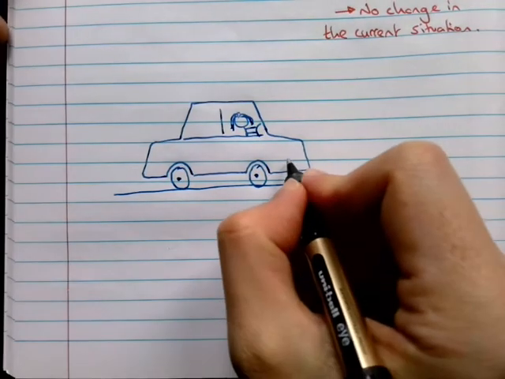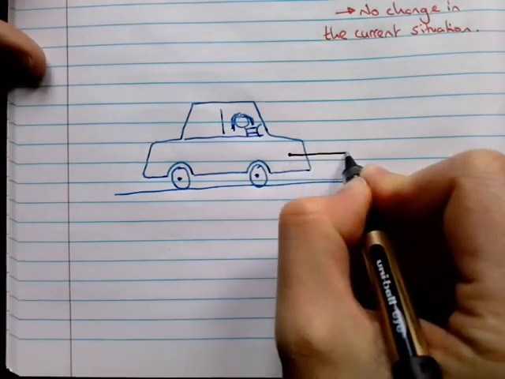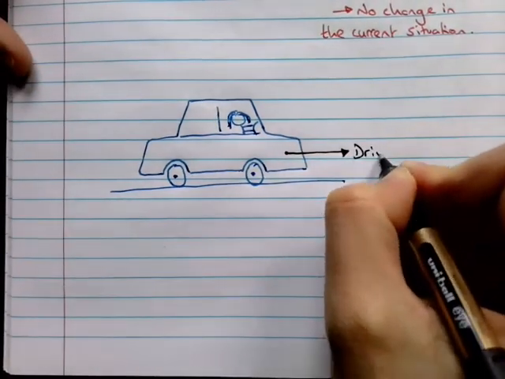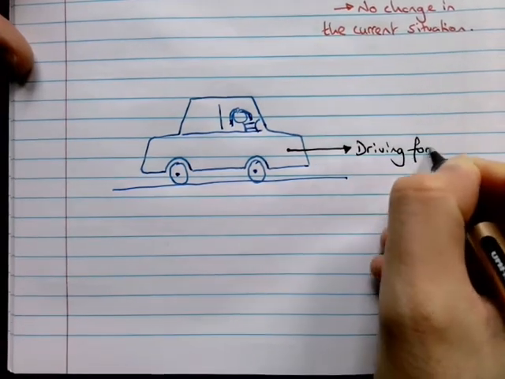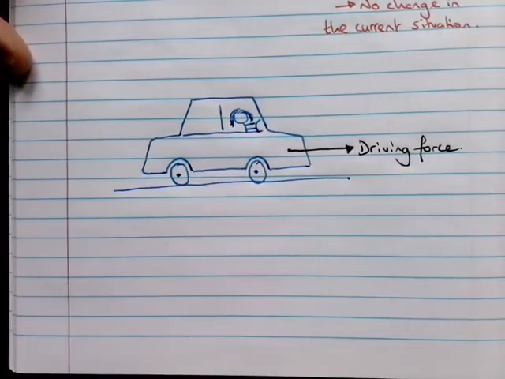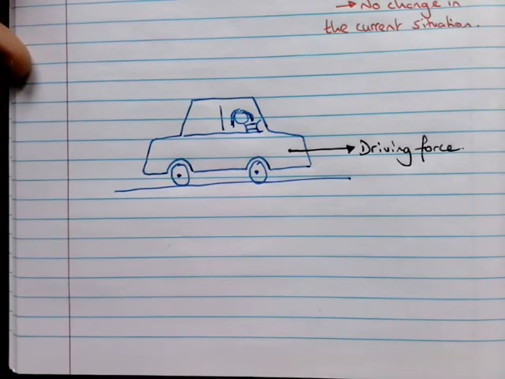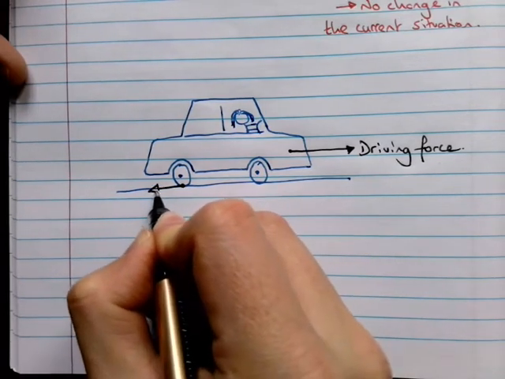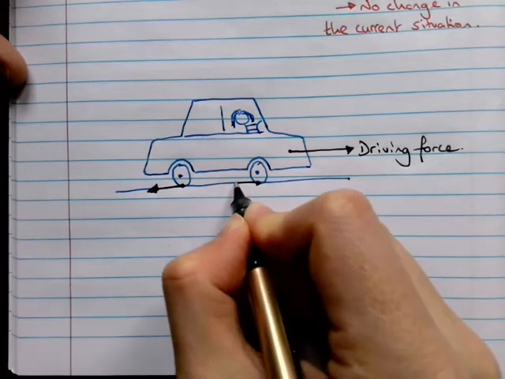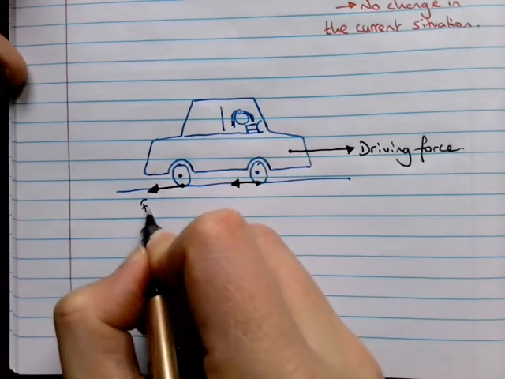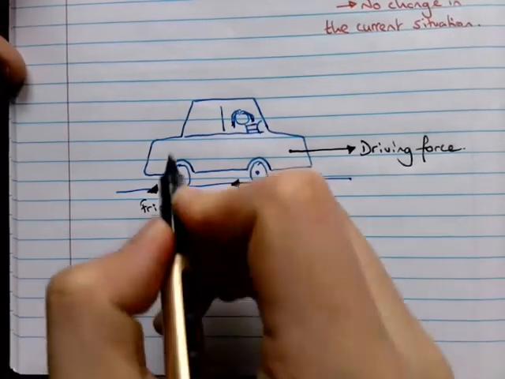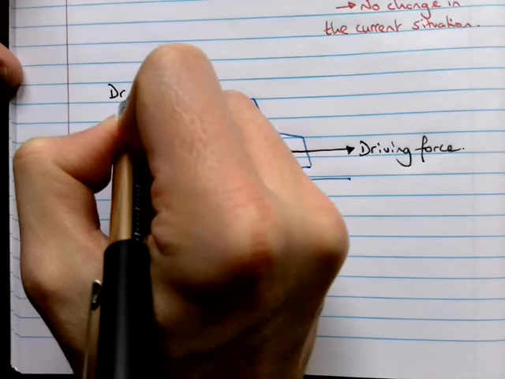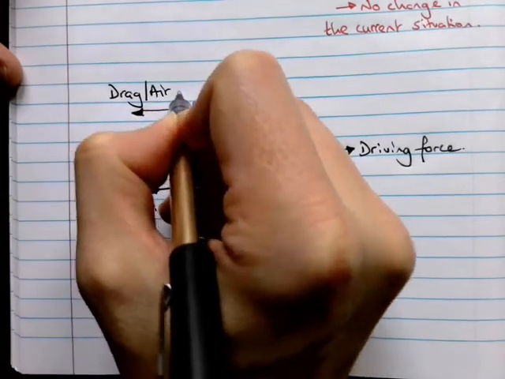Well, the engine is driving forward, so we have this driving force. But there are also some other forces here. On the wheels, we have friction, and we also have drag or air resistance.